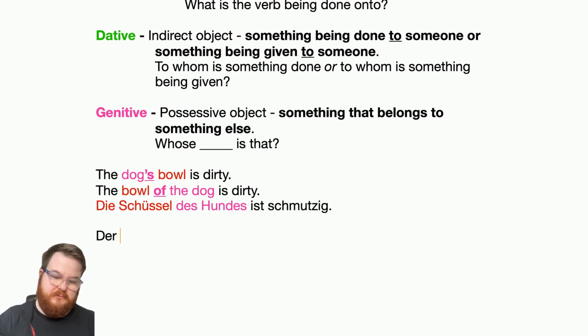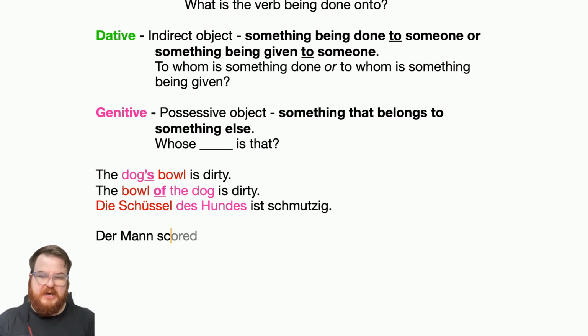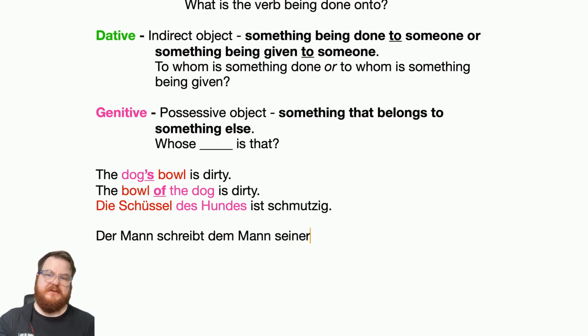Der Mann schreibt der Frau. Moment, schreibt dem Mann seine Schwester ein.